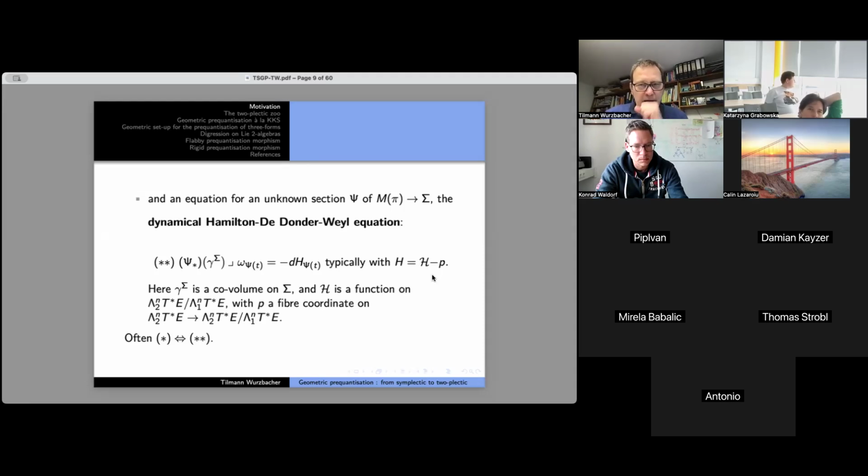So this is a typical analog of a time-dependent Hamiltonian, but you want to get rid of it and you want to work on a symplectic manifold. So you add the coordinate which is conjugate to time, which is energy, which is called small p. But of course, you can generalize and take an arbitrary H. It's just to make contact with the classical case.